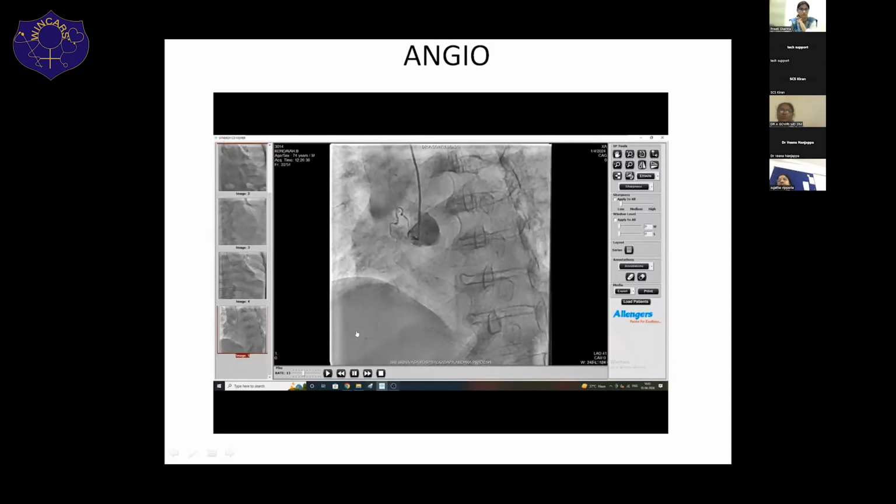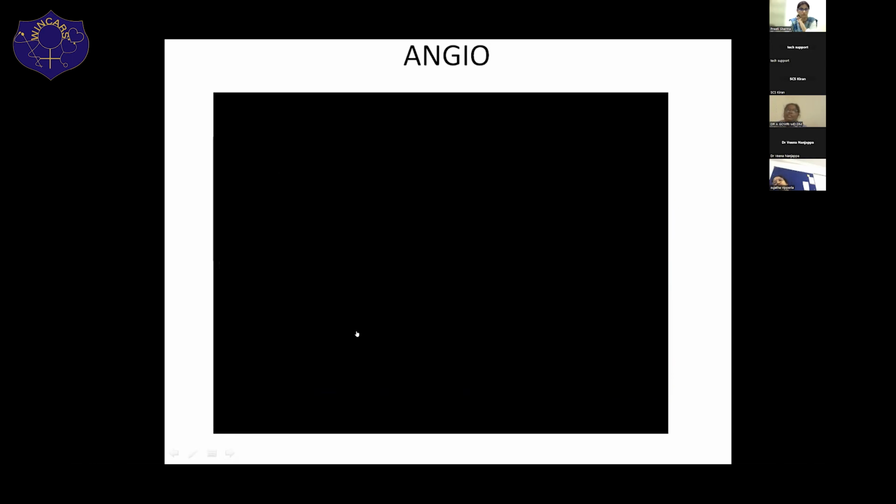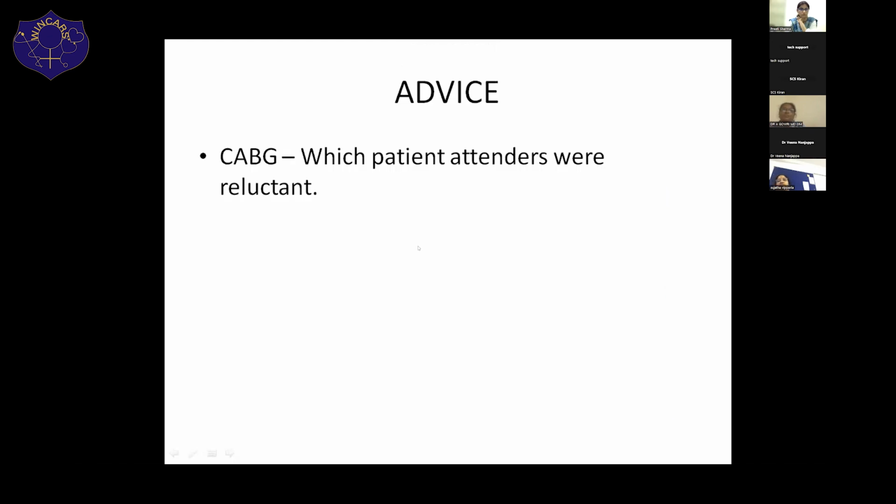The SYNTAX score comes to around 33, and the patient is post-MI, and our first choice was CABG. The surgeon said it is a very high risk case because of the post-thrombolysis inferior wall MI, LV dysfunction, and the patient is 75 years old.